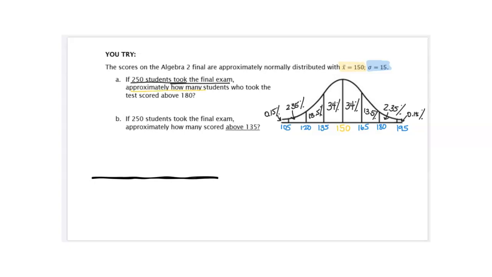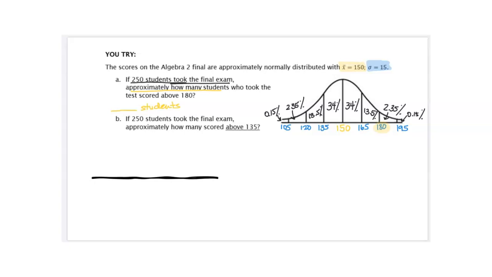Approximately how many students? That's the part of our question, so we're going to have some number of students as our answer. The very first thing we need to do is find out what percent scored above 180. Here's our 180 on the normal distribution curve.